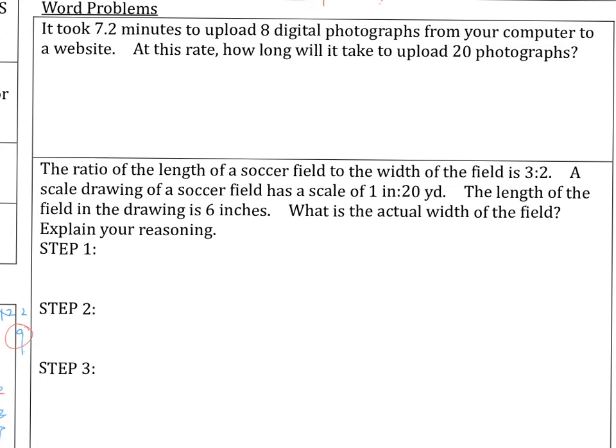Word problems. It took 7.2 minutes to upload 8 digital photographs from your computer to a website. Okay, so that's our ratio, 7 and 2/10 minutes to upload 8 digital photographs. So I'm going to just represent that as 8 photos from a computer to a website.